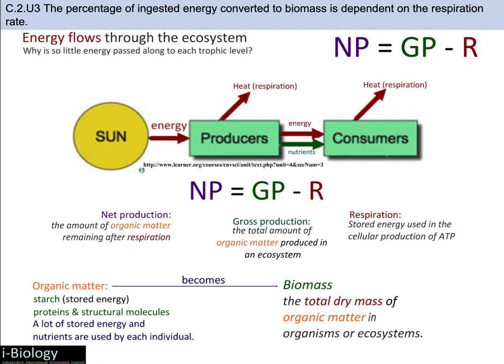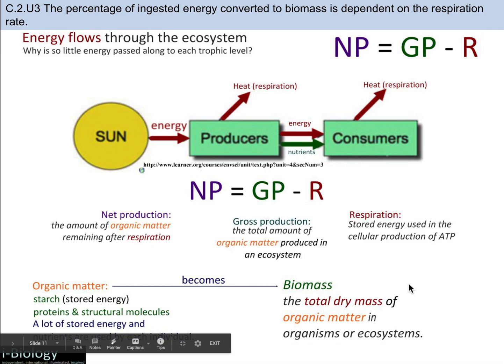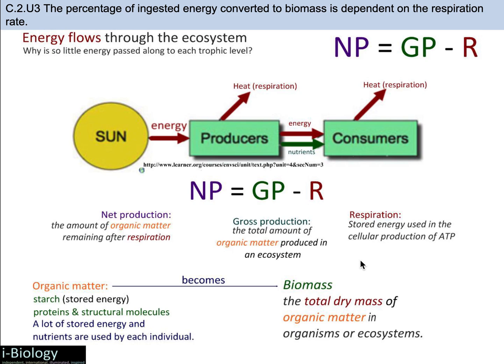A lot of storage energy and nutrients are used by each individual, and those will become their biomass, which is the total dry mass of organic matter in an organism's ecosystem. So this equation is trying to figure out how much energy was able to be converted into biomass, subtracting how much respiration occurred. A more efficient organism for respiration will end up with more biomass.